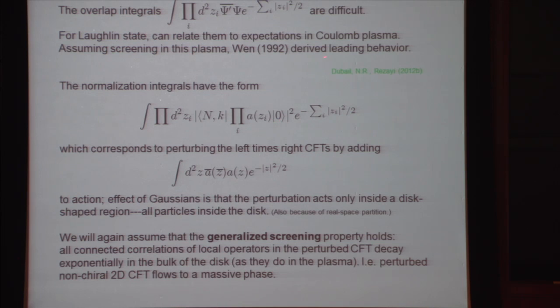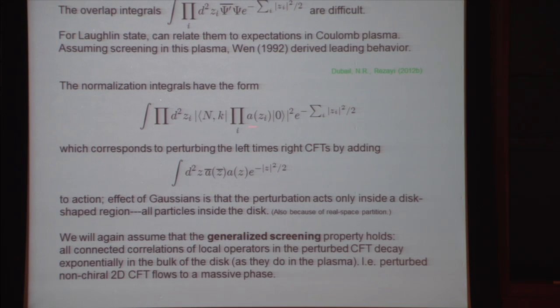So I'm not going to do that special case here. I'm going to give you our argument about the general case of our conformal field theory construction and use generalized screening. And his results are a special case. So here's the sort of thing we want to calculate. I've now dropped the A on the N here just to simplify notation.